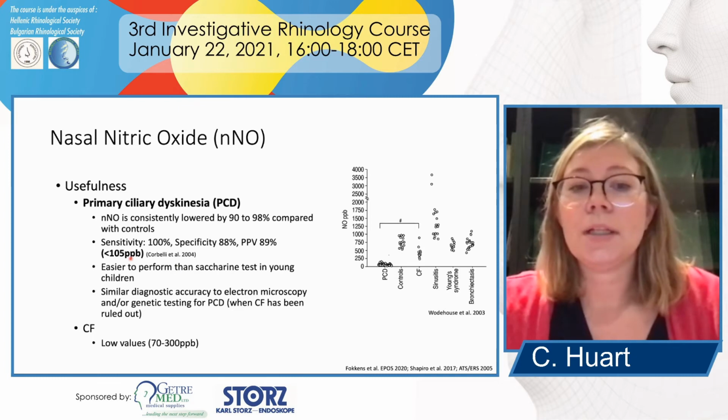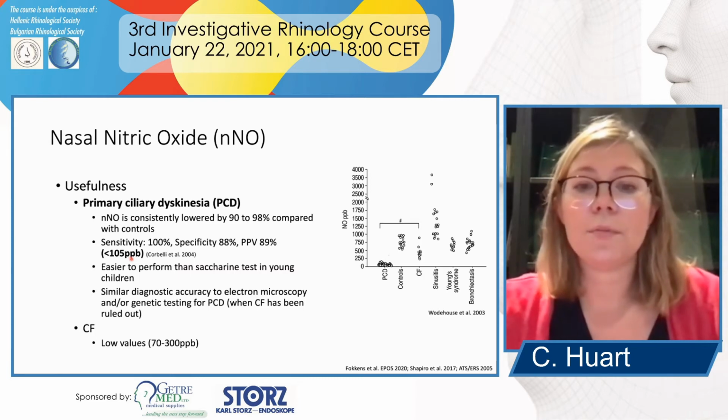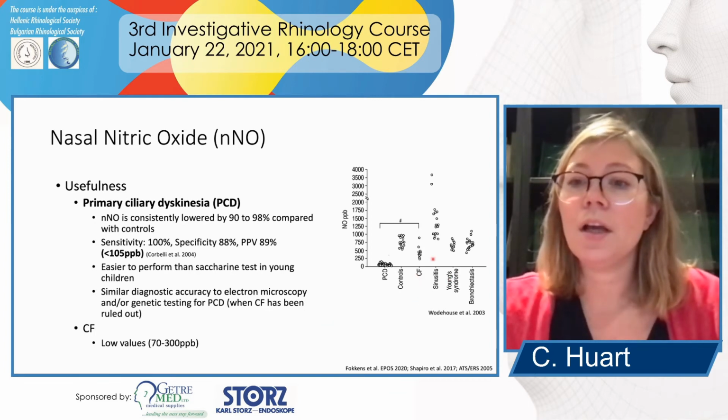In children, it can be easier to perform nasal nitric oxide tests than saccharin tests. Interestingly, it gives similar diagnostic accuracy to electron microscopy or genetic testing for PCD when cystic fibrosis has been ruled out. Regarding cystic fibrosis here, you see that the levels are also decreased, but to a lesser extent compared to PCD.